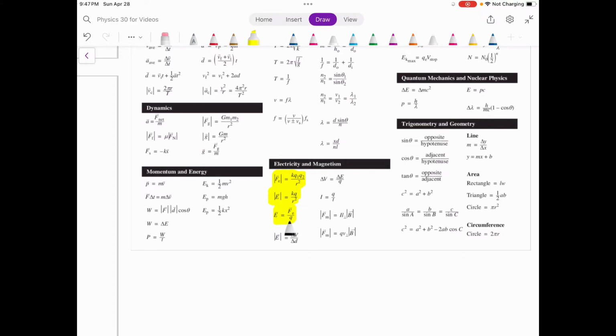So if there actually is another charge feeling a force, we can use that information to figure out the electric field as well. Important to note, your formula sheet doesn't say Q source, Q test. I put that in the notes when we're introducing it so we can get the feeling for it. But when you think about it, it'll make sense. This is why it's important to understand physics and not memorize.